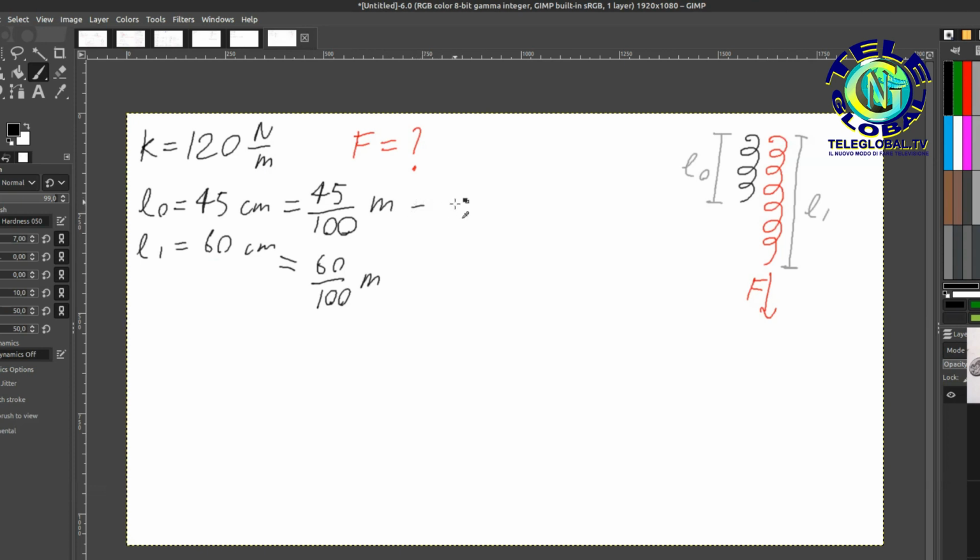So you'll have that L0 is 0.45 meters and L1 is 0.6 meters. Okay.